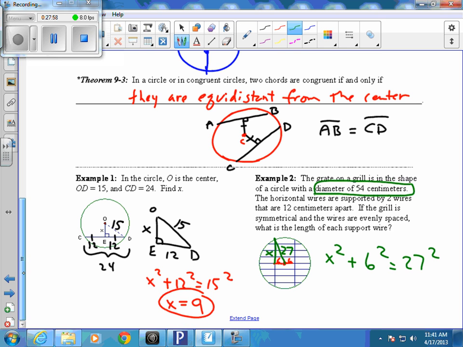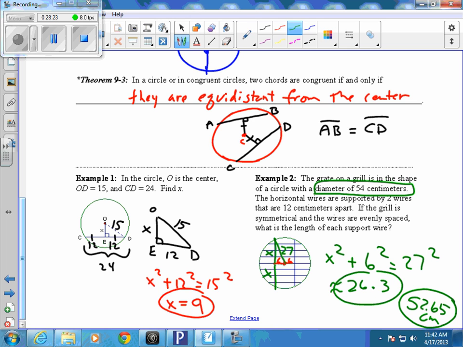We'll estimate this. For X, we're going to get around 26.3-ish approximately. And that's half the support wire. So if I double that, you should get actually 52.65 centimeters.